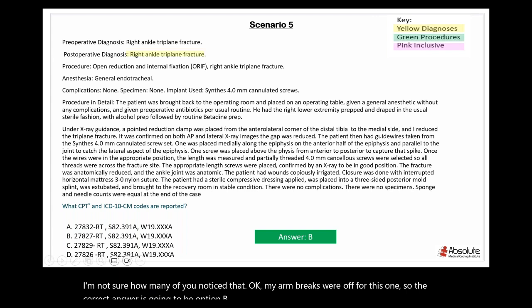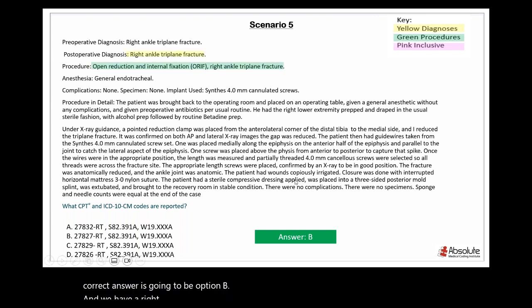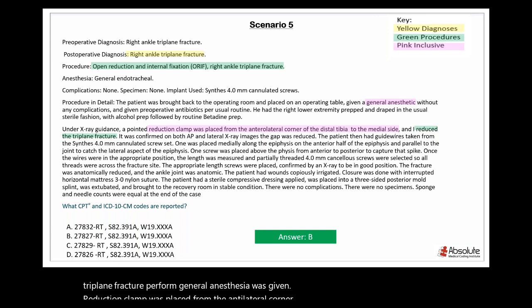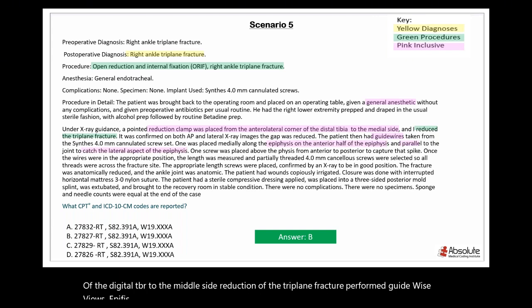And we have a right angle triplane fracture, open reduction and internal fixation performed. General anesthesia was given, a reduction clamp was placed from the anterolateral corner of the distal tibia to the medial side. Reduction of the triplane fracture performed, guide wires used on the anterior half of the epiphysis, parallel, to catch the lateral aspect of the epiphysis.